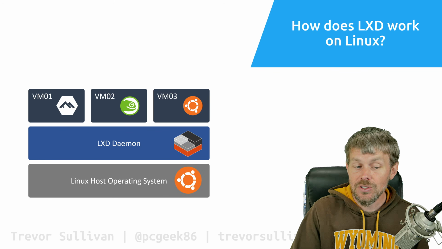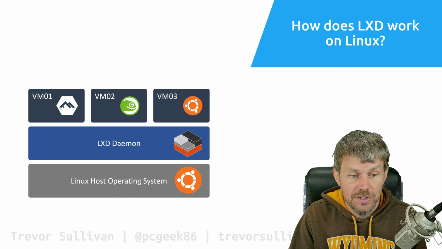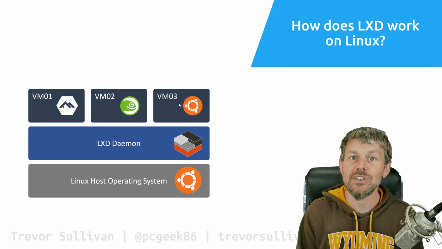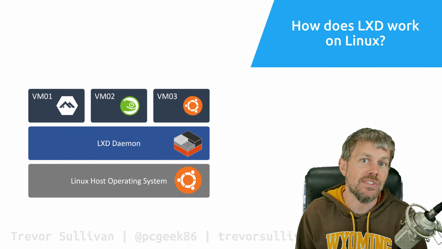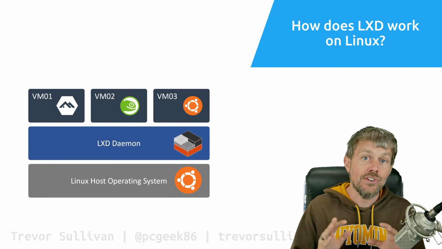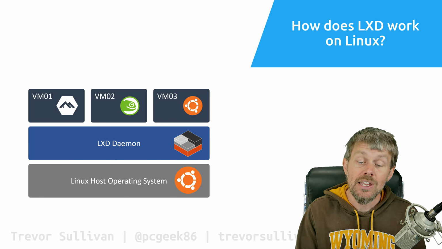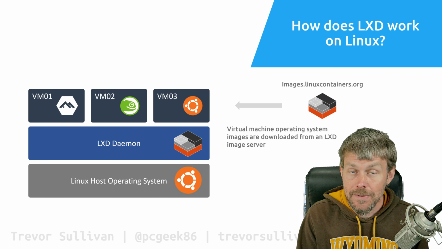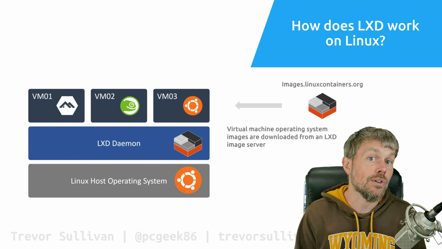Now you might be asking yourself, well, where exactly do these different operating system images come from? Do I have to manually download ISO images for each of these operating systems and then mount those to a virtual machine? Well, the answer is no, you don't have to, because you can actually use what's known as an image server with LXD, and there's actually a default image server that's provided.